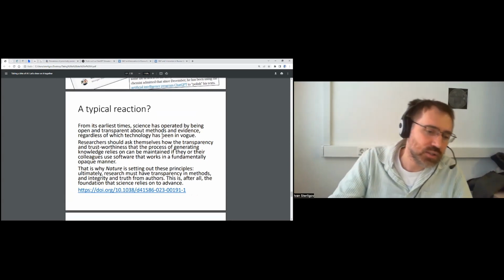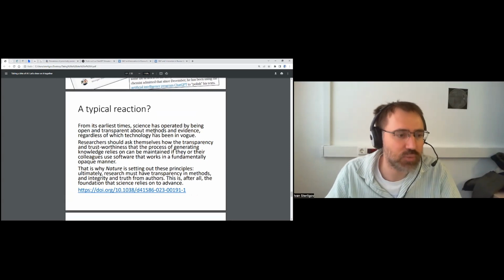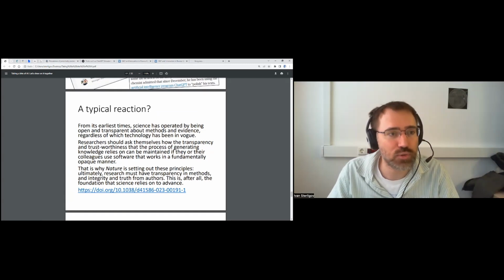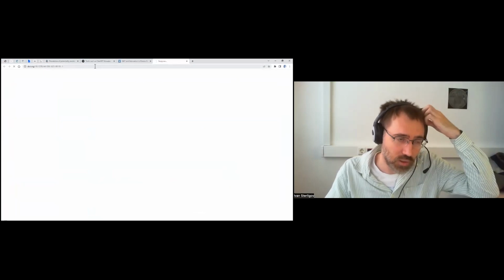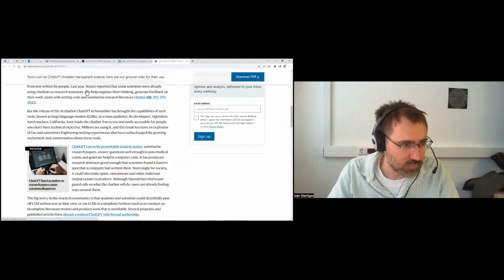Here, I just note several examples. For example, Nature and Springer Nature were among the first to react and to install a policy which deals with this issue. What's important?